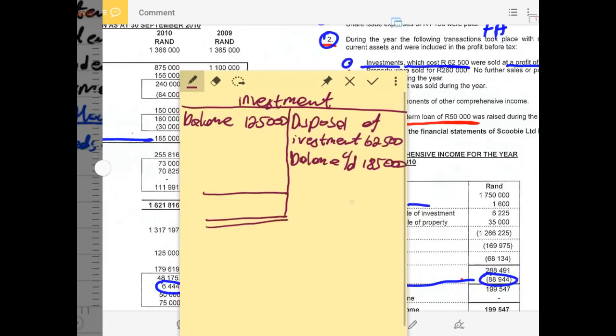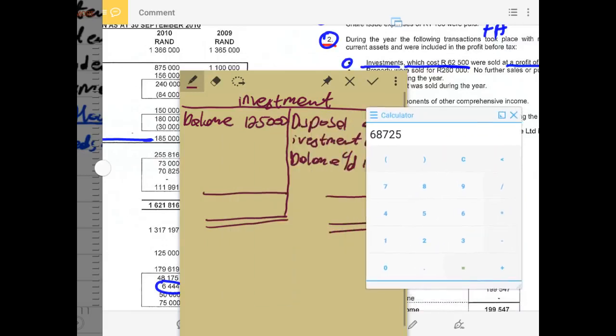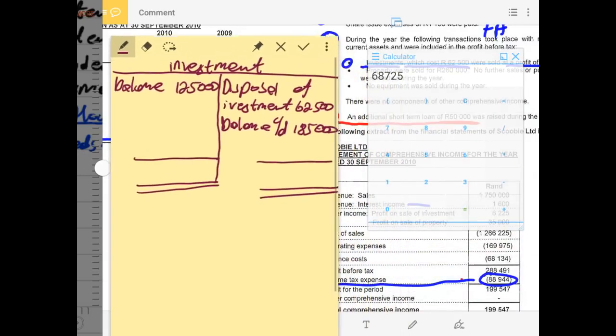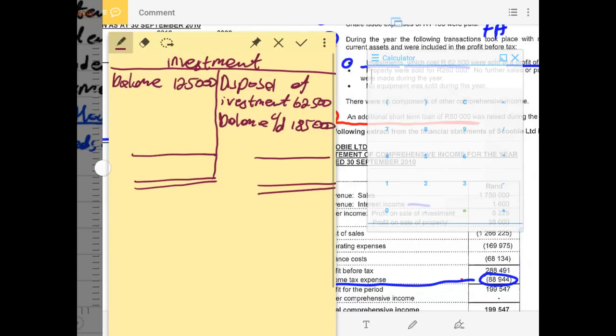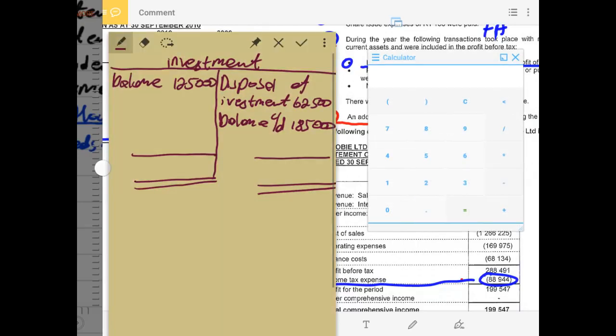Now there was nothing else to be recorded with regard to the investment. Therefore, we calculate the total of the bigger side, and that total will determine whether there was any other investment purchased or raised during the year. The credit side is 62,500 plus the closing balance of 185,000, and the total of the credit side is 247,500.